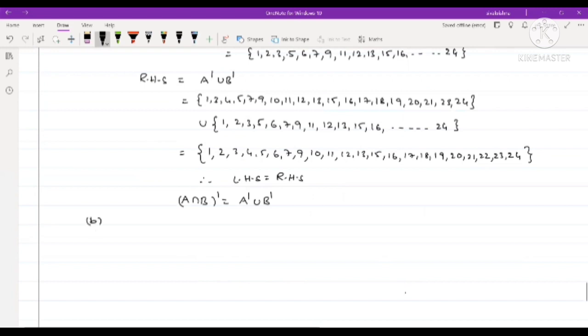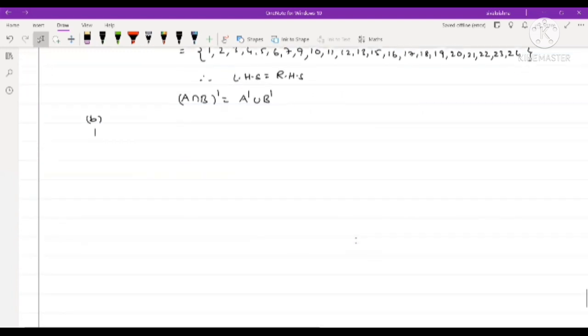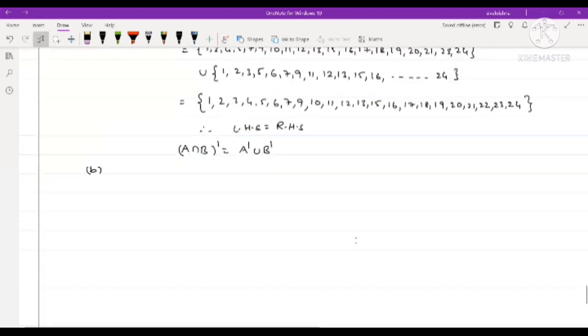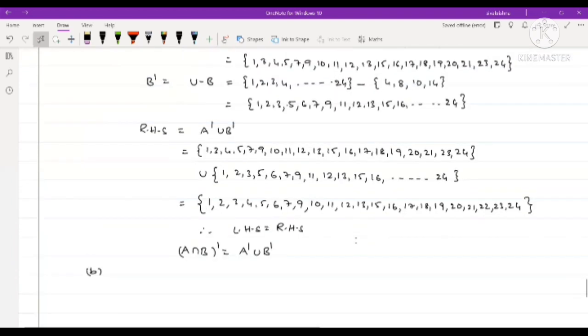In the second bit also we have to prove one condition. In order to prove that condition, first we have to find the values of B' intersection C. Since we have already found B', we have to copy the value of B' from above. So that I am writing, we have both the values.